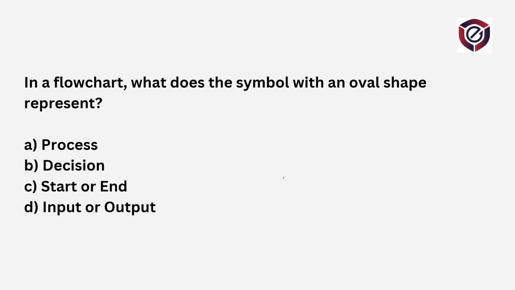Decision making is represented by the diamond shape, and whenever we have input or output, we have a parallelogram, and whenever we have a process we can have a rectangle. So oval represents start or end. To represent start or end we use an oval shape.